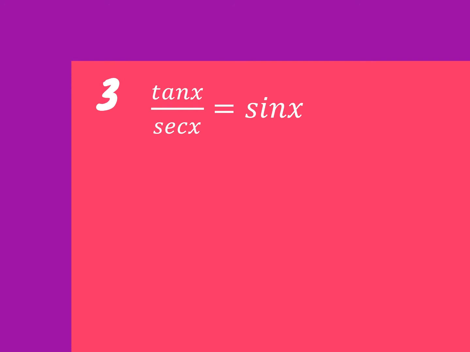For this one, I'm going to use the quotient identity for tangent and the reciprocal identity for secant. My more complicated side is the left side. So I'm going to change my numerator into sine x over cosine x. And for my denominator, I'm going to use the reciprocal identity and change that into 1 over cosine x.